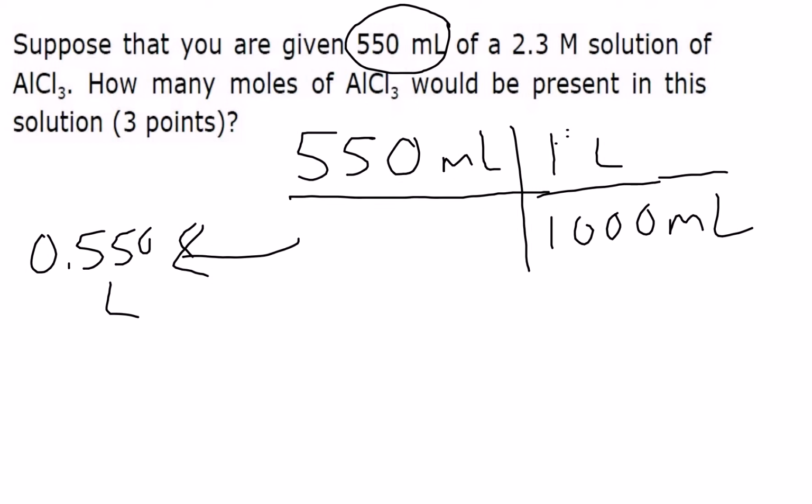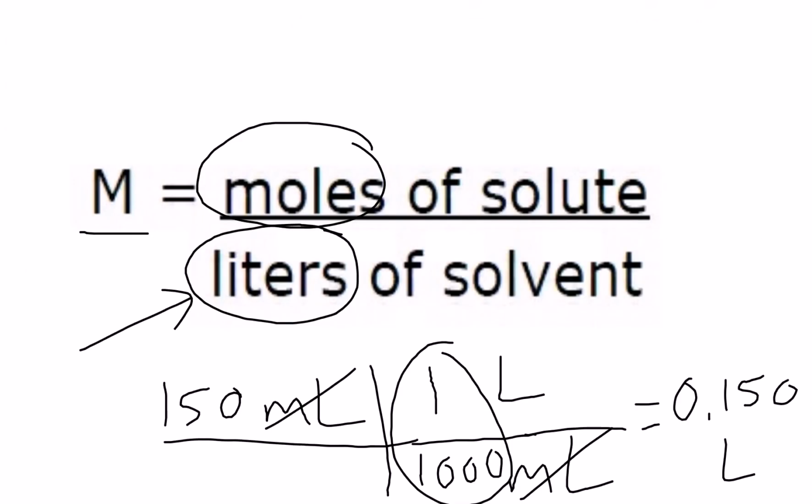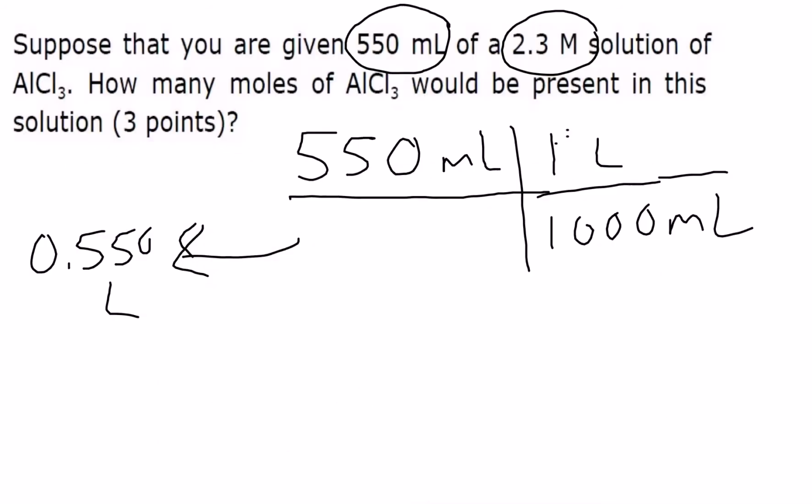All right. So what else are we given? We're given the molarity of the solution. The molarity of the solution is 2.3. So when we're doing this, we're going to say, all right, let's look at the equation. Molarity is 2.3. I want to find the moles of solute, and I have the liters of solvent.